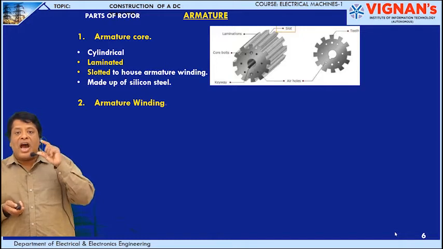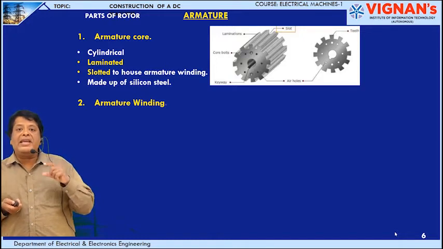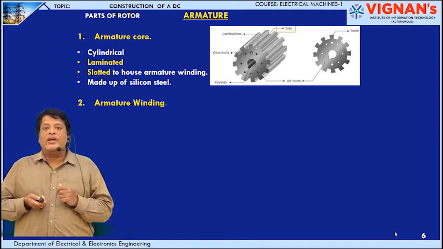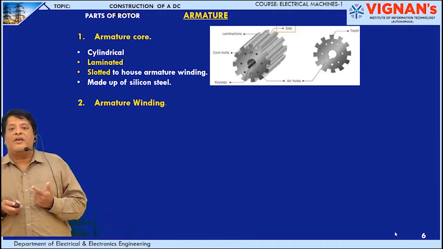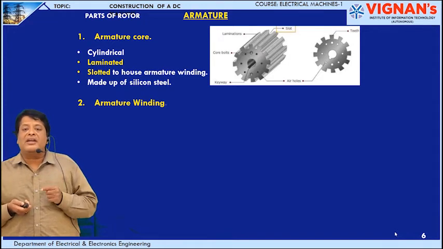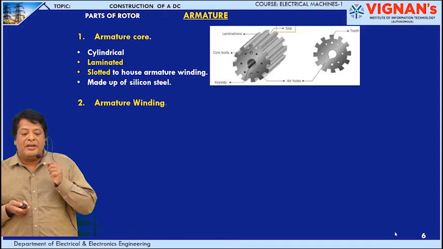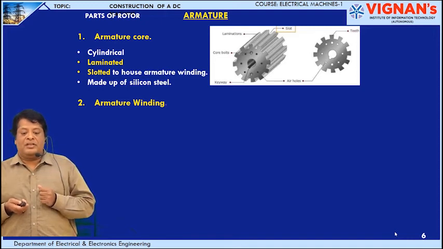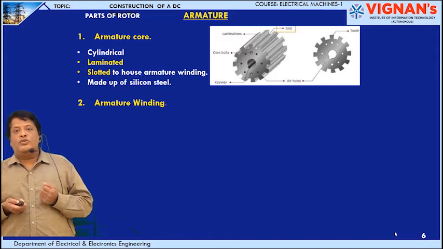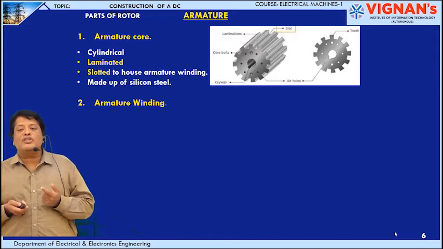Moreover, this armature is mechanically fitted to the shaft. So whenever we give the mechanical input to the shaft, the armature also rotates. It comes under the rotating part in a machine. It is made of silicon steel. Why are we adding silicon to the steel?